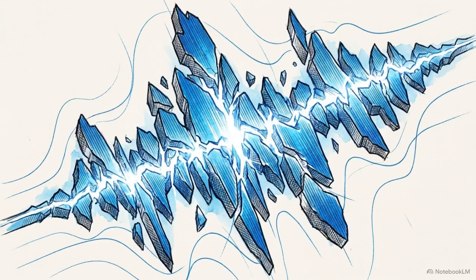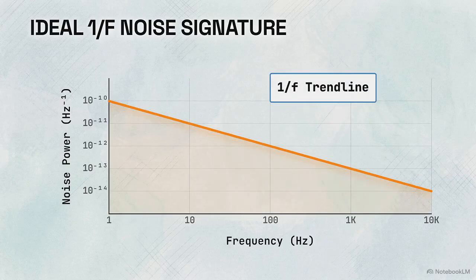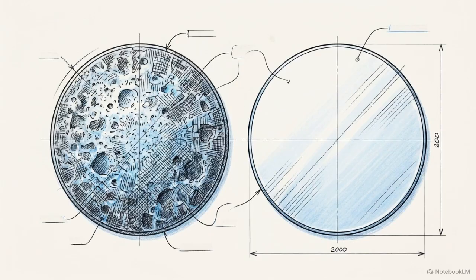Low-frequency noise serves as an electrical signature of physical defects within the semiconductor structure. Typically, a clean device follows a smooth 1/f trendline, where noise power decreases as frequency increases. Comparing the spectral noise of the standard HEMT against the MOS HEMT reveals clear differences in their internal defect profiles.